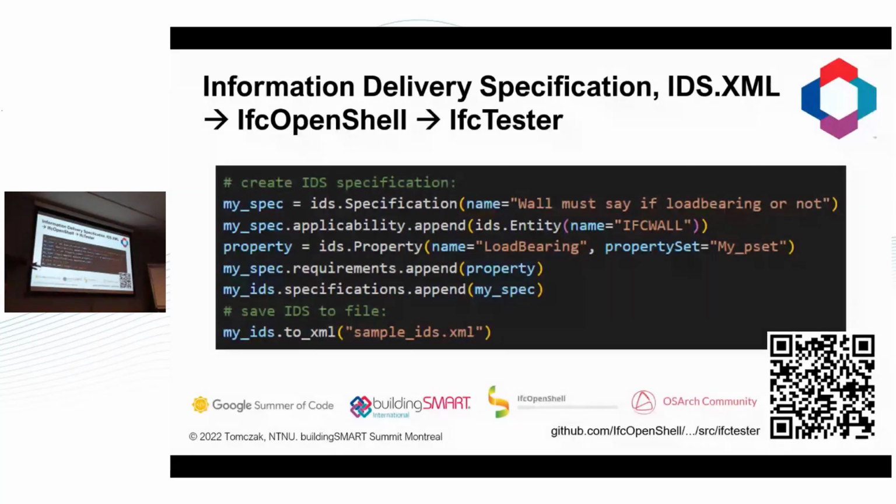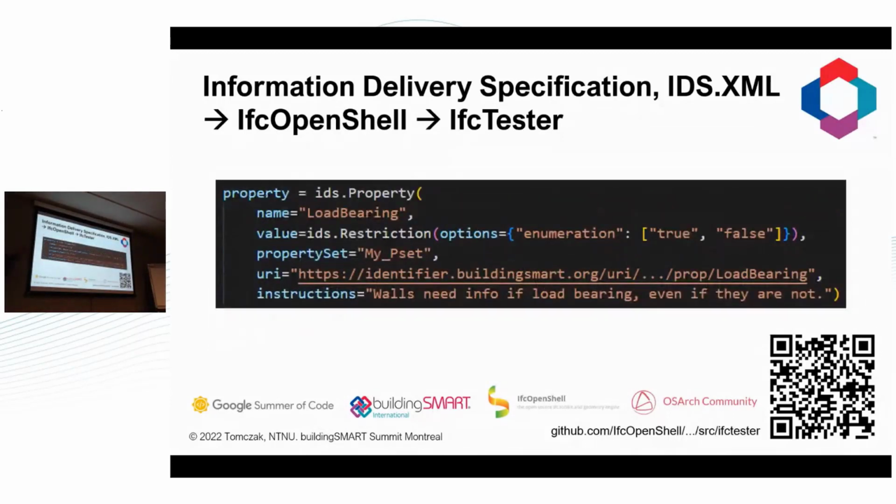And this is how you can use it in Python if you're familiar with it. So you can create your specification, add applicability clauses to it, property requirements, and then save it to your XML.